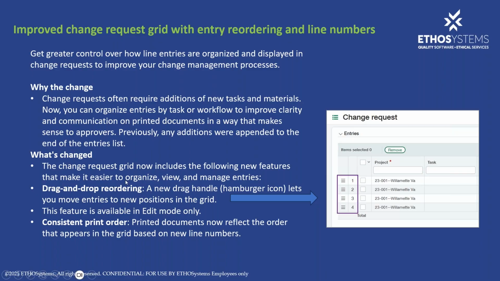So you've got that new drag bar, the hamburger icon, and this note right here. This is the big little gotcha: edit mode. You won't be able to use that feature unless you put the change request record, which is what we're looking at right now, into edit mode.